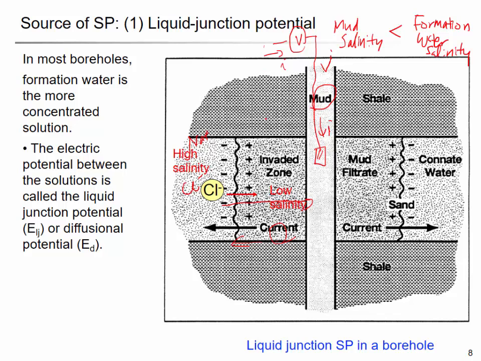Through the ground. And this electric potential is called the liquid junction potential. And that's because of the concentration difference between the formation water and the mud filtrate, or the drilling mud.